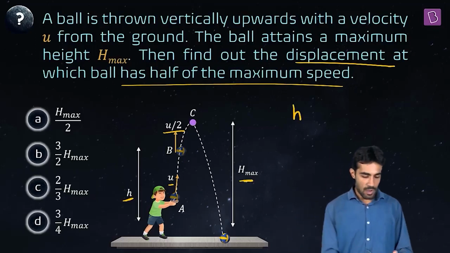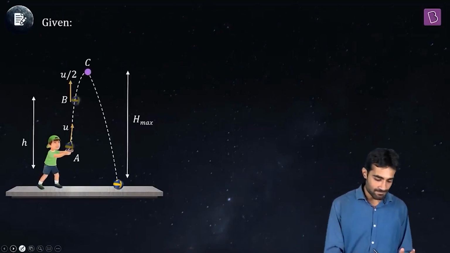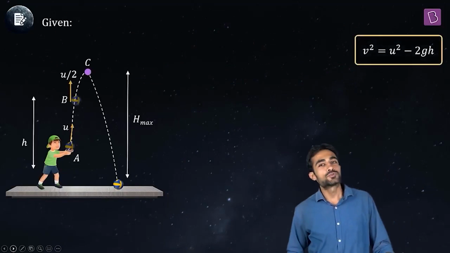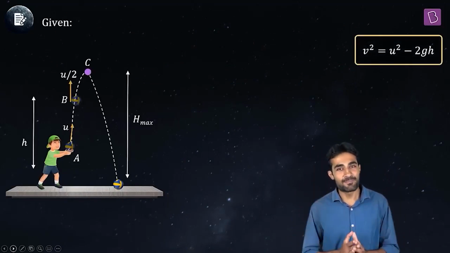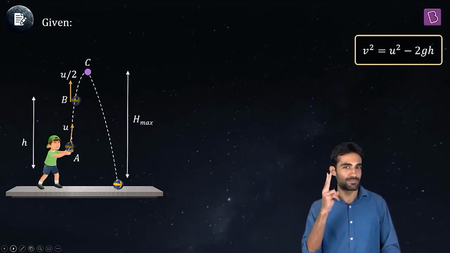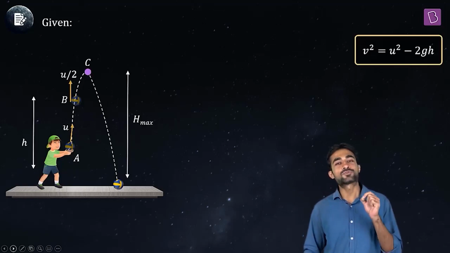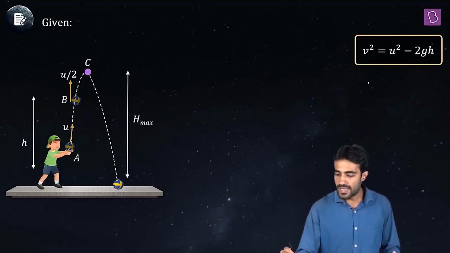Okay. Now let's proceed. We will use this simple formula: v square is equal to u square minus 2gh. Do you remember the formula? Of course we do. Okay, let's apply this formula 2 times. First of all, let's calculate the maximum height. So v becomes 0.